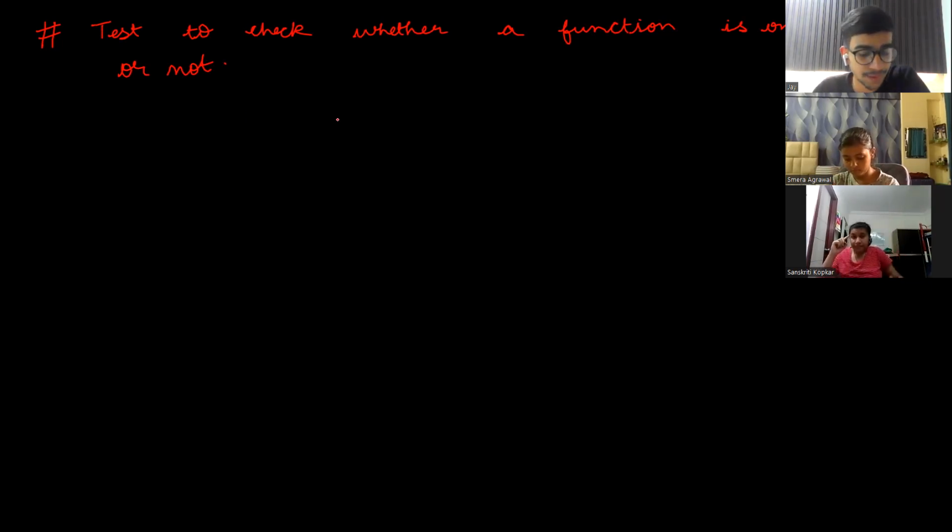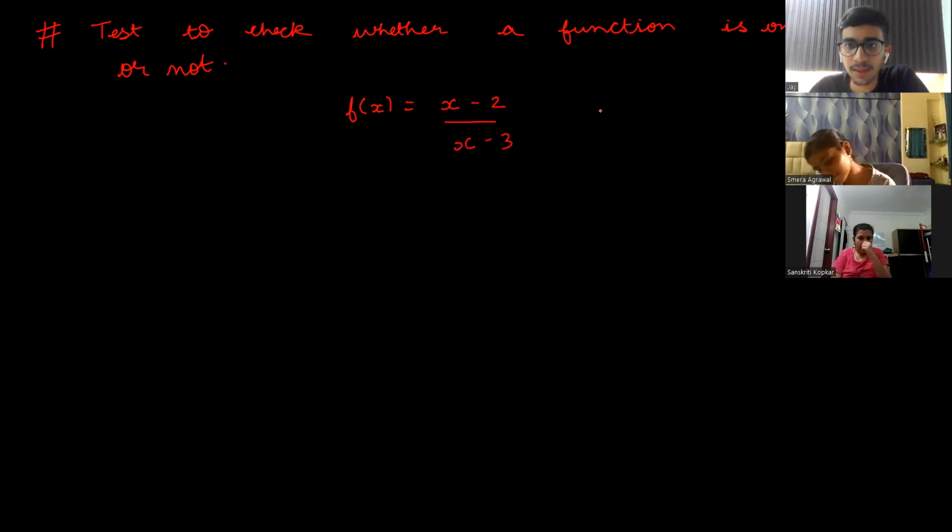So consider that we have a function f of x is equal to (x minus 2) divided by (x minus 3). Okay, and this is a function defined from R minus {3} to R minus {1}. एक बार क्विकली देखो कि R minus 3 क्यों लिखा है मैंने? So that the denominator doesn't get 0. Exactly.